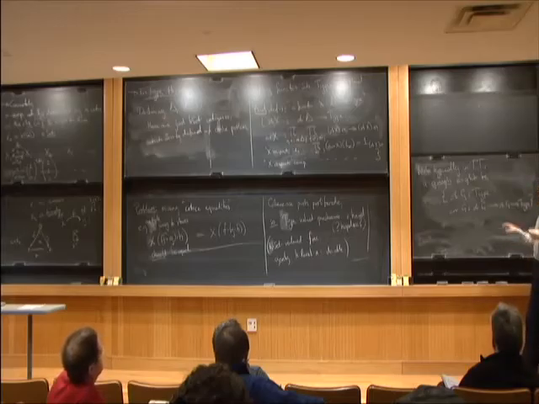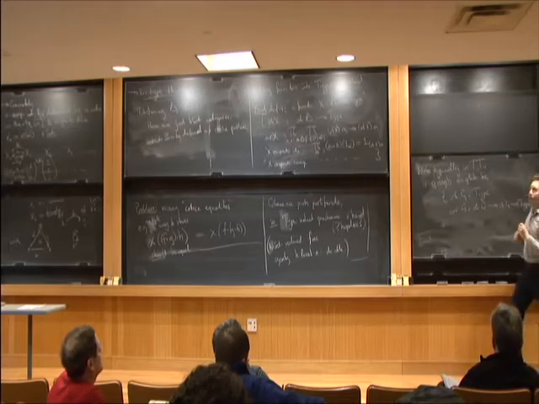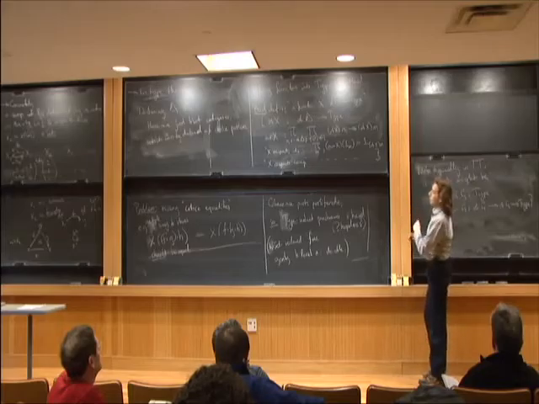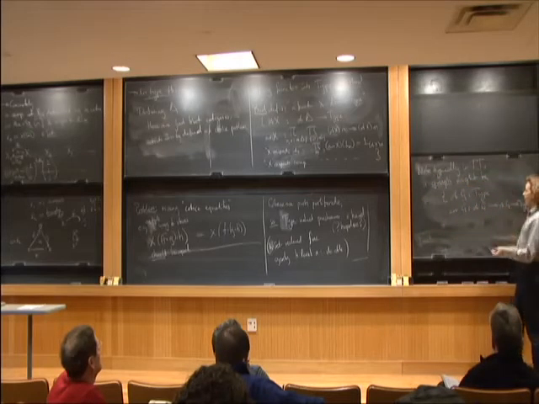For every pair of objects, we have a type of arrows between them. And so we're not looking at all the arrows as a single type, but making them dependent on their source and target.